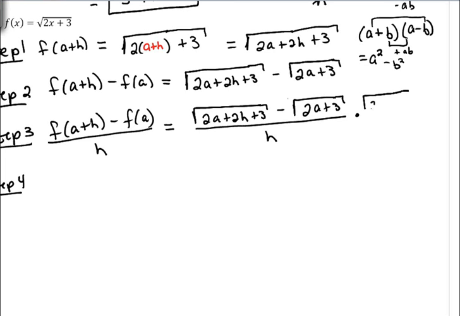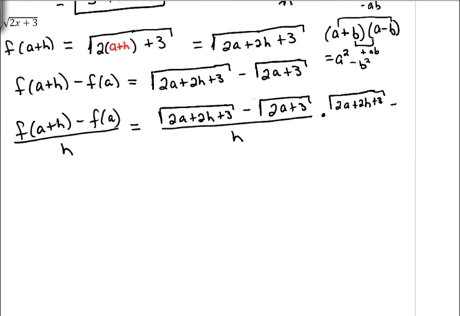So we multiply by the square root of 2a plus 2h plus 3, and then minus the square root of 2a plus 3. Oops, sorry, that should be plus because we want to change the sign in the middle. Then do the same thing in the denominator: multiply by the square root of 2a plus 2h plus 3 plus the square root of 2a plus 3.